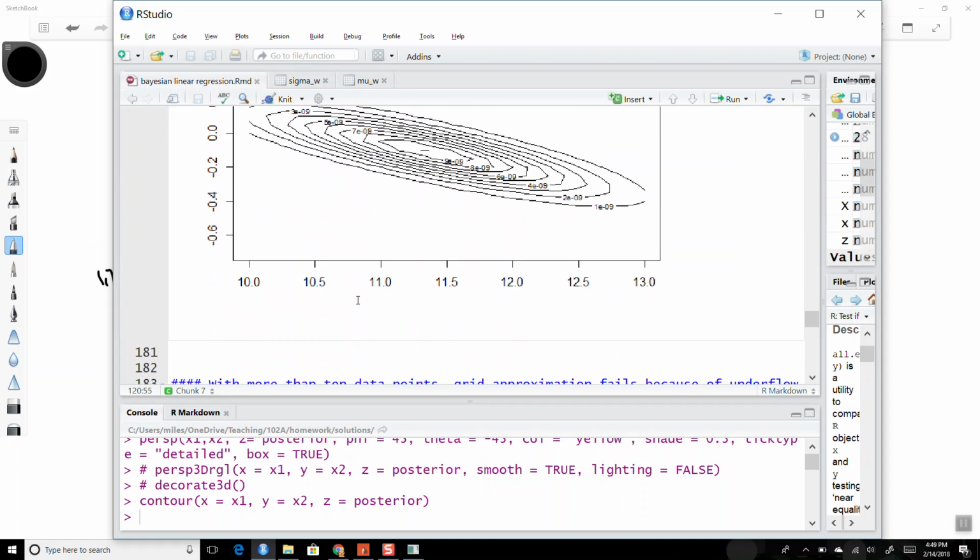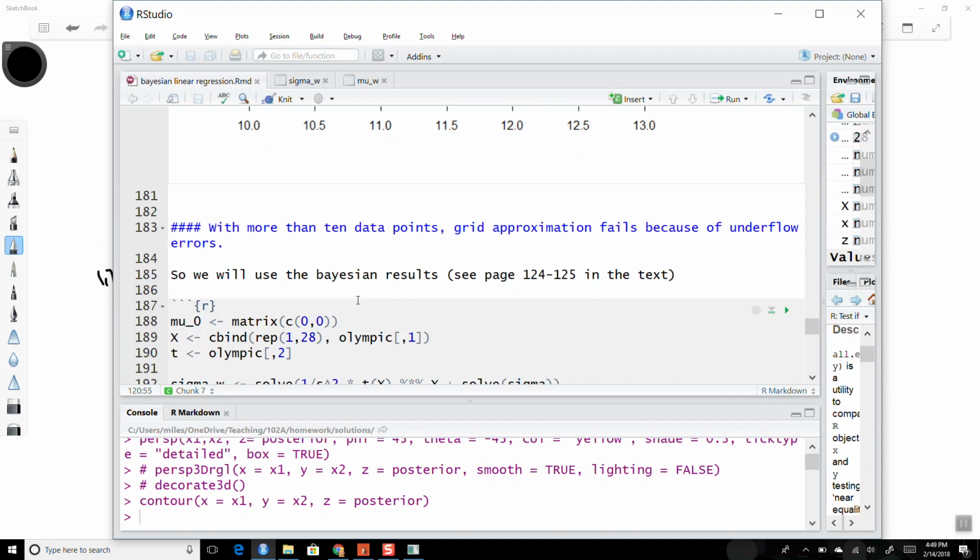At this point, if I want to include more than 10 data points, it starts to break down because I run into underflow errors, right? In floating point notation, we cannot represent numbers with an infinite number of decimal places. The smallest value we can represent is on the order of 2 to the negative something.